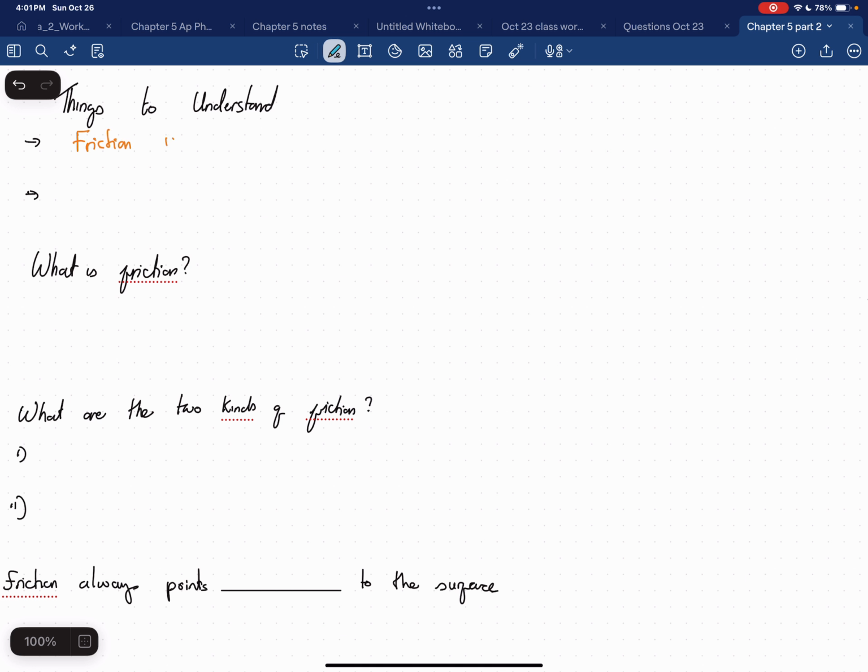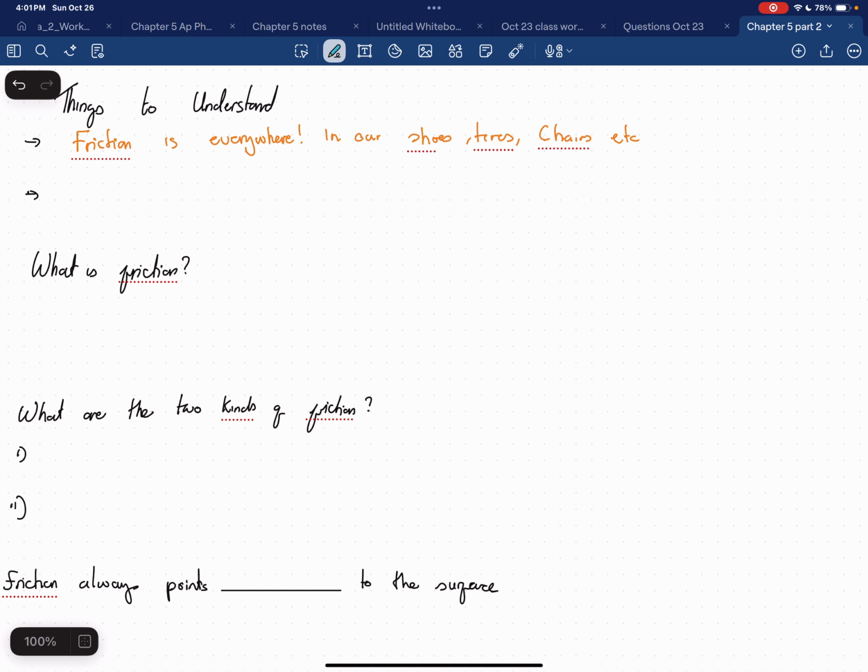Friction is everywhere. It's in our shoes, tires, chairs, etc. It basically helps us. If we didn't have friction, we would just slip away.